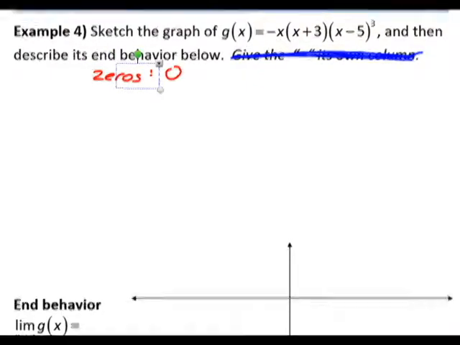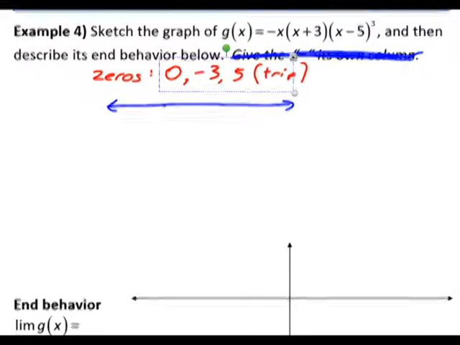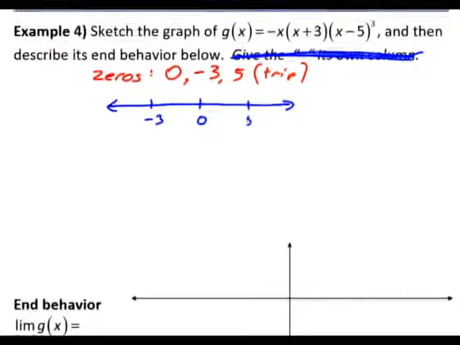We have 0 itself from the x factor. We have -3, and we have 5, which is a triple root. We draw the number line. And I'll put markings regarding the multiplicity.